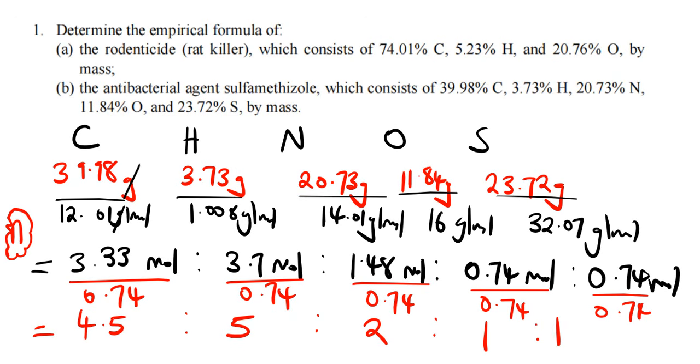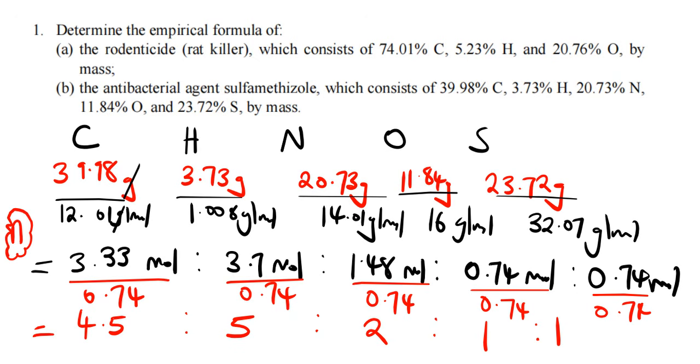Now, because the empirical formula is the simplest whole number ratio, and 4.5 is a decimal rather than a whole number, we have to make sure we don't have decimals. So I'm going to multiply everything by 2, because 4.5 times 2 gives me 9.